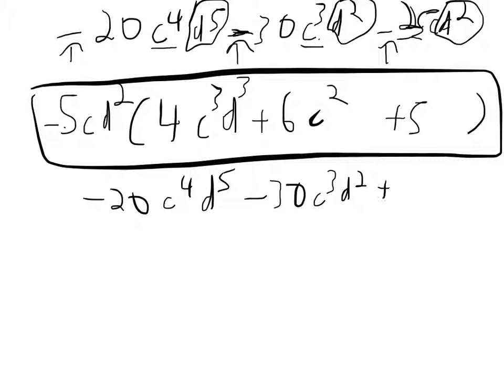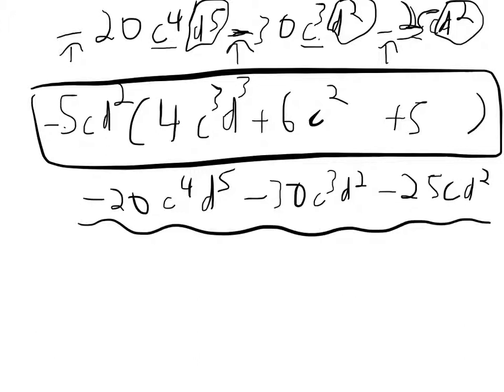And then on this one, negative 5 times 5 is negative 25. And then C D times that would just stay C D squared. Okay, so that would work out. Hopefully that makes sense, and thank you for watching.